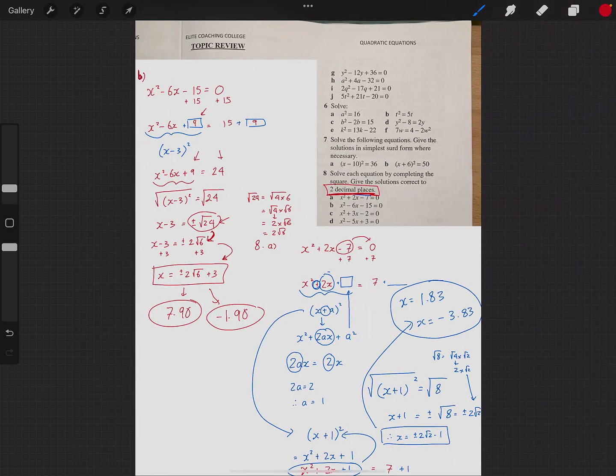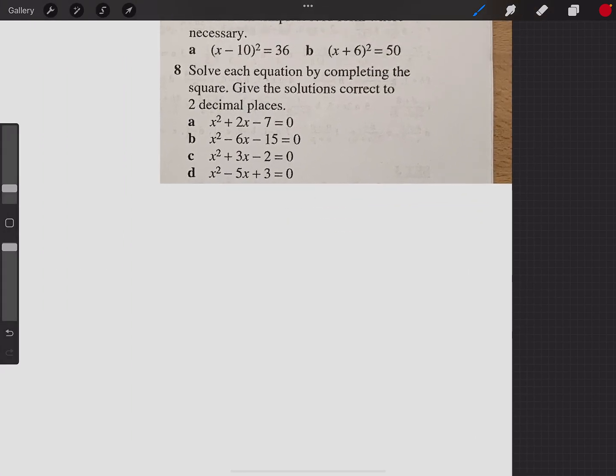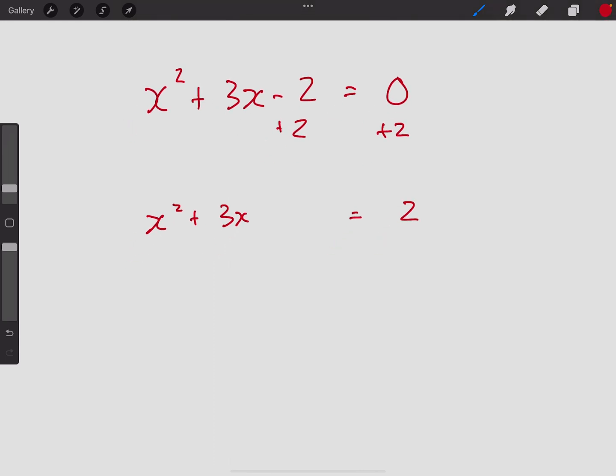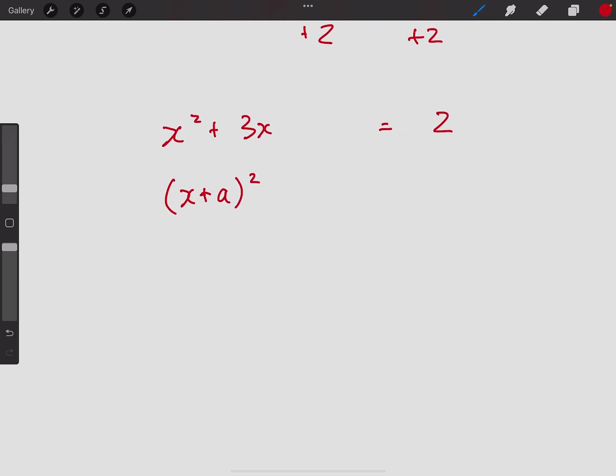Let's do question C. You're going to have x squared plus 3x minus 2 equals 0. So again, I will add 2 to both sides. So I'm going to have x squared plus 3x is equal to 2. Okay, so we know that we're going to factorize this into x plus a squared somehow by adding a certain number here to both sides.